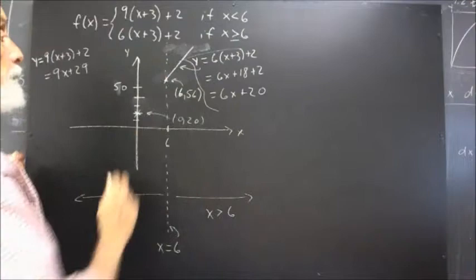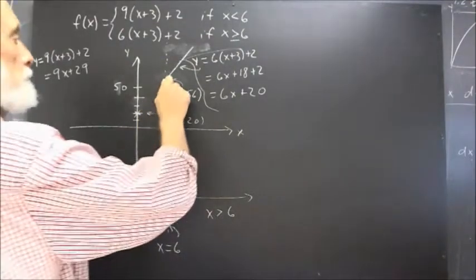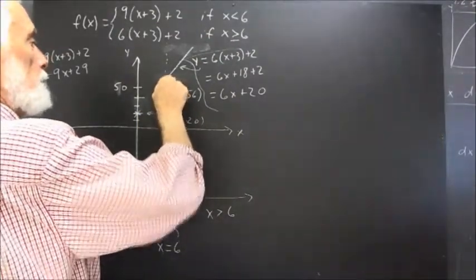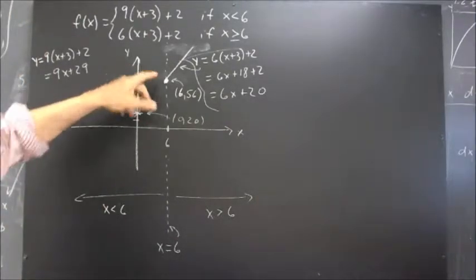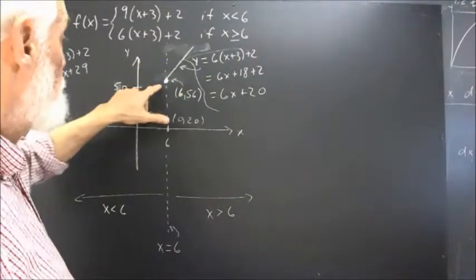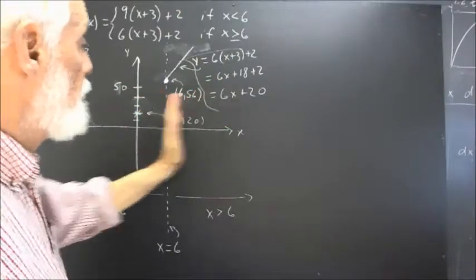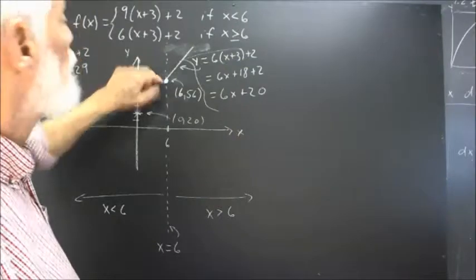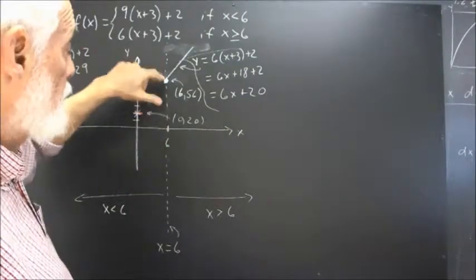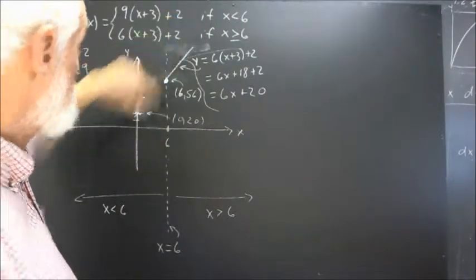Now this point is included, so I'm going to put a big filled in dot at this point to indicate now that this line represents this function for x greater than or equal to 6. The dot indicates that the point on this line is really a point of the graph.